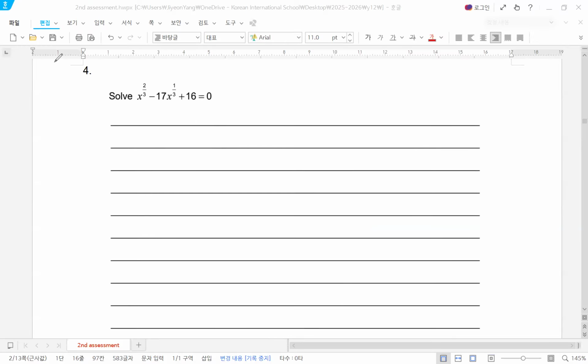Question number 4. Eden, please read this question. x to the power of 2 over 3 minus 17x to the power of 1 over 3 plus 16 equals 0. Basically, guys, we dealt with this quadratic-type equation so many times. You have to see the x^(1/3) and x^(2/3), okay? If you substitute x^(1/3) as t, then x^(2/3) can be written as t squared.